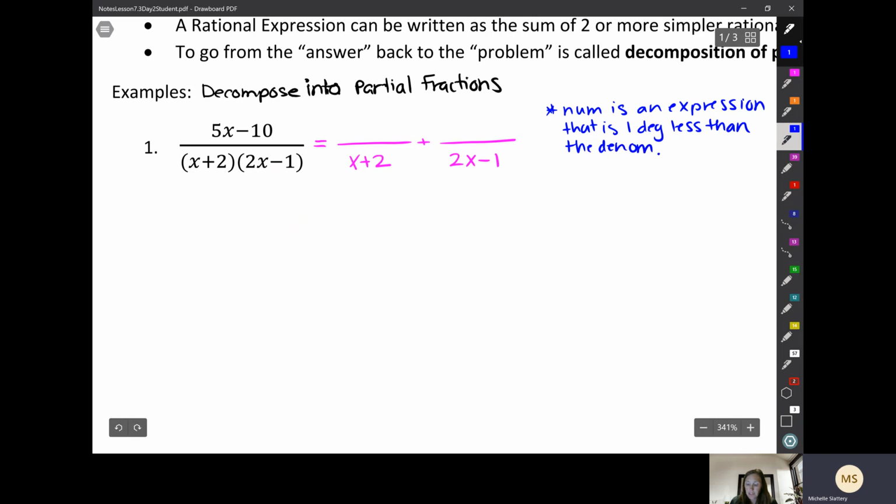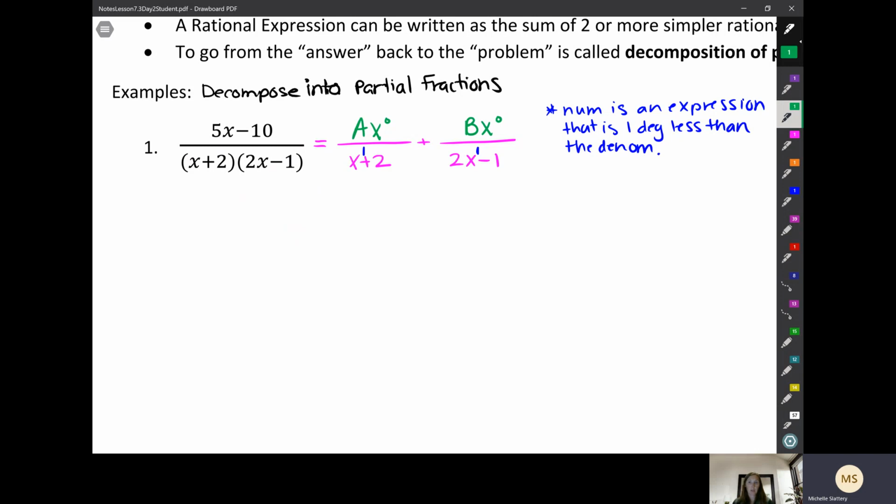In both of these cases, the denominator degree is 1: x to the first, 2x to the first. So my numerator has to have 1 degree less than that. Well, 1 degree less than 1 is 0. So my numerator is going to be some coefficient times x to the 0, so a x to the 0. And my second numerator is going to be some coefficient, make sure you use a different variable, times x to the 0.